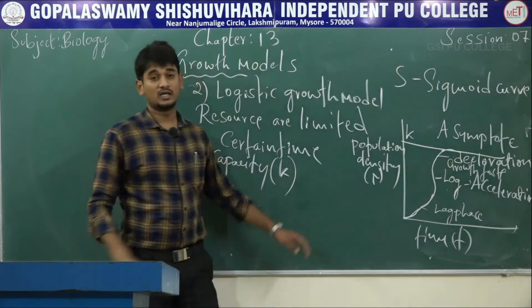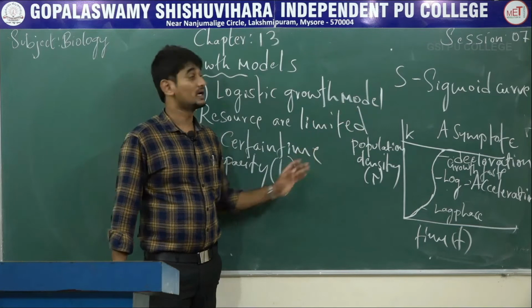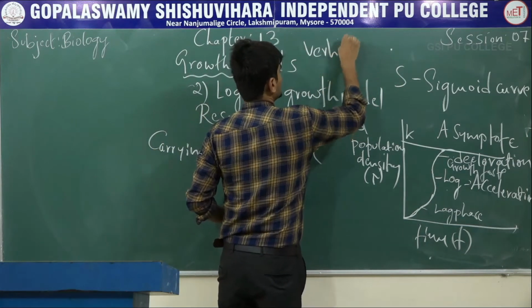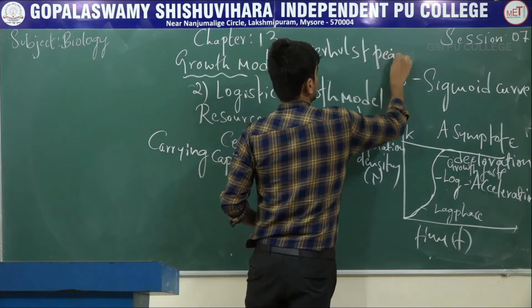This type of growth is also called the Verhulst-Pearl growth model.